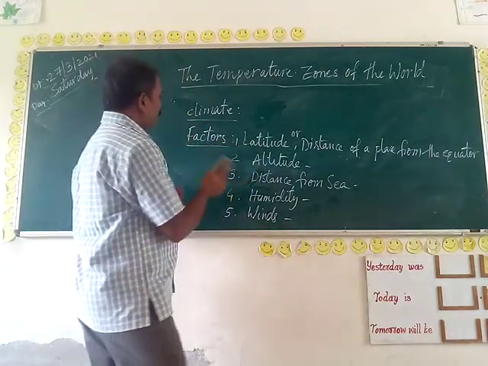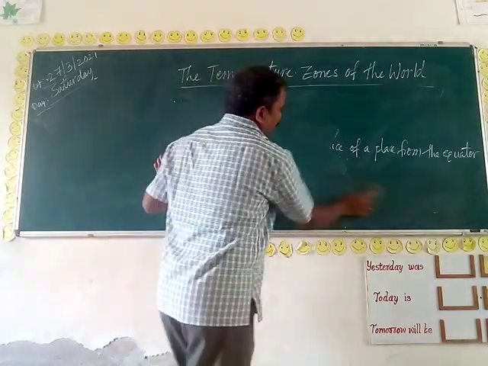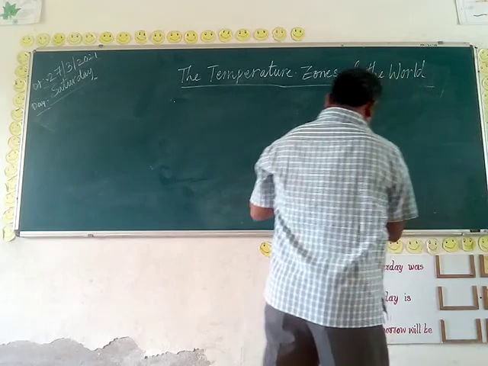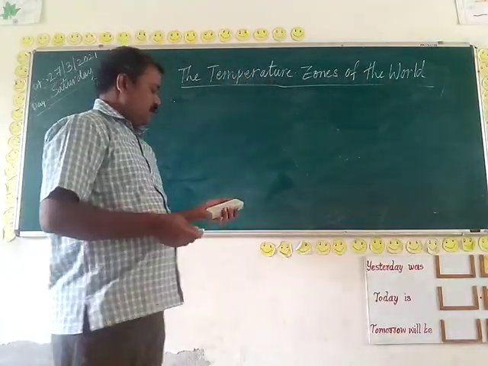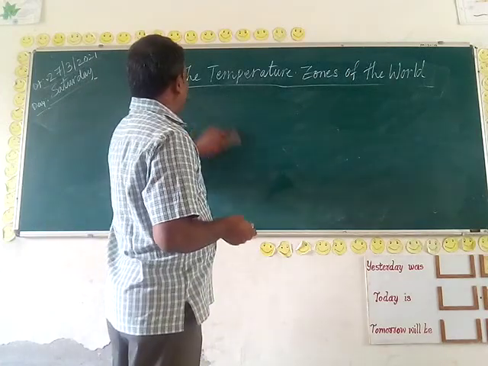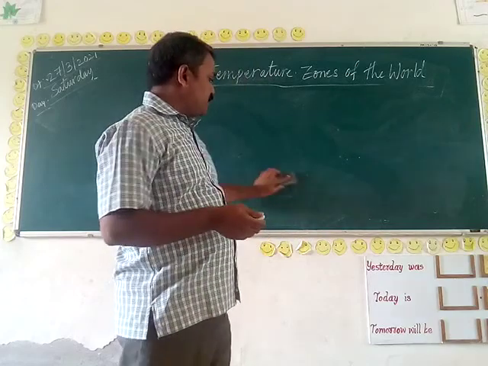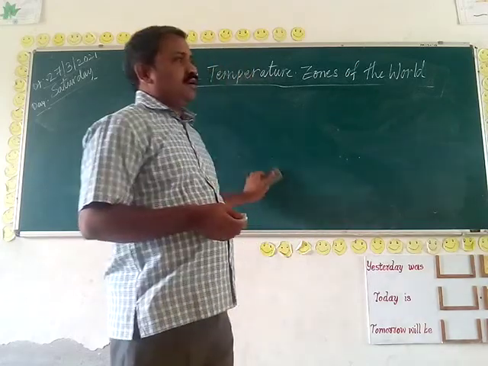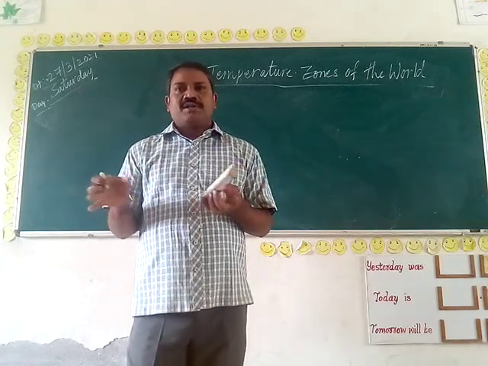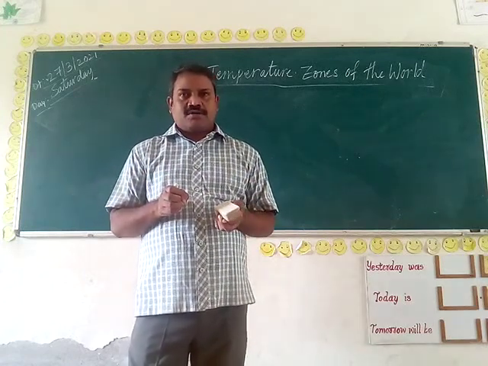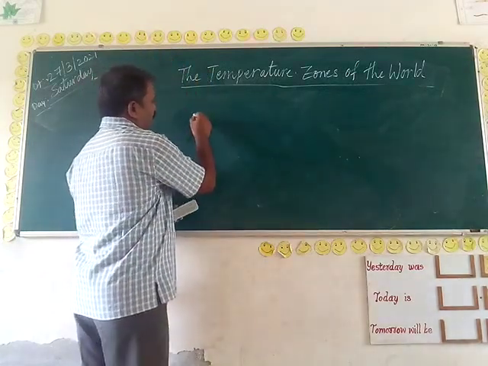Now, our main topic is the temperature zones of the world. How can we classify them? The temperature zones of the world are divided on the intensity of the sunlight received by the particular region. According to this, the temperature zones are divided into three.